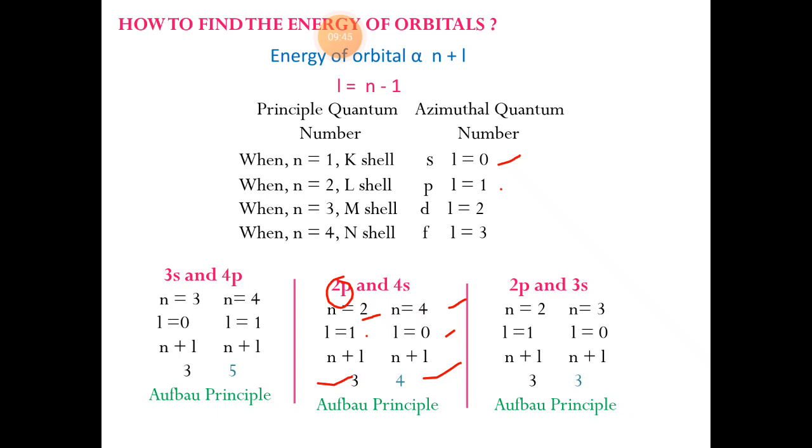Now here the energies of 2p and 3s are equal, but the electron will first occupy the second shell and then it will enter the 3s orbital, or third orbit, and therefore this Aufbau principle is obeyed here.